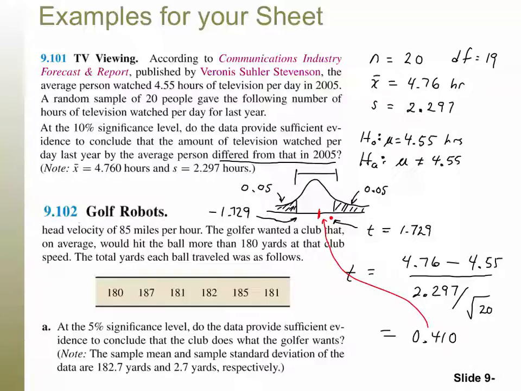Not quite. We can't make that conclusion. Remember, there's not enough evidence to reject. And rejecting means what? So there's not enough evidence to say that the viewing hours have changed. Right. There's not enough evidence to say that the viewing hours per day has changed, an increase or a change from 4.5 hours per day.